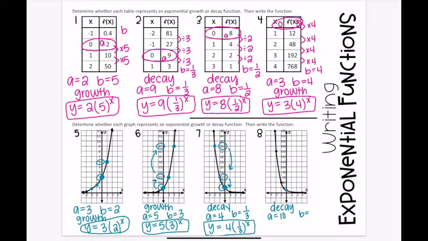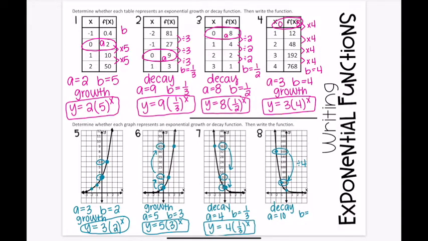So our a value is 10, our initial value is 10, and to find b, we're going to have to find those perfect points and see how we get from one y value to the next from left to right. So starting with the leftmost point here at -2, 160, that y value of 160 goes down to 40. So 160 to 40 is division by 4.